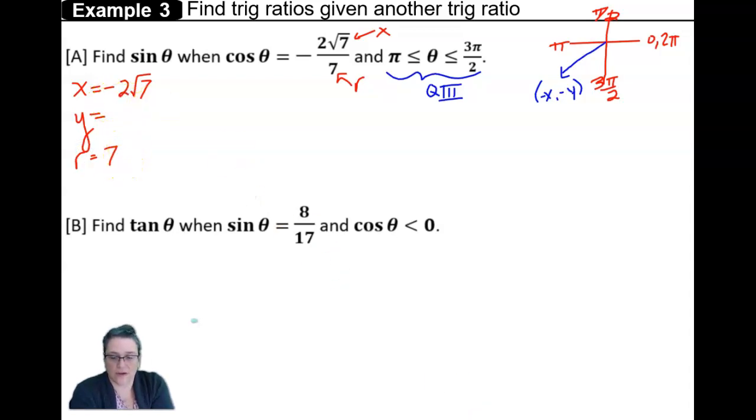So now we're going to look for the y. We know x and r. And using the Pythagorean theorem, we can find the y by taking the square root of the radius squared minus the x squared.